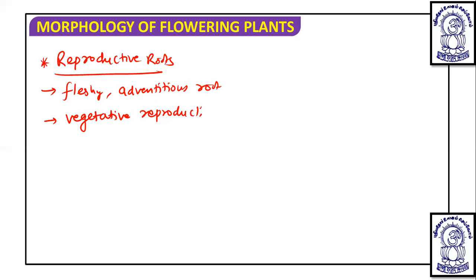Examples which have reproductive roots are sweet potato and dahlia, because they have a bud over them, and that bud helps in vegetative propagation.